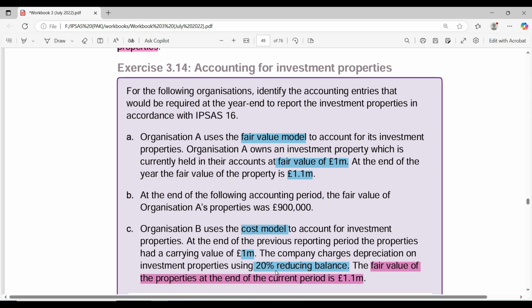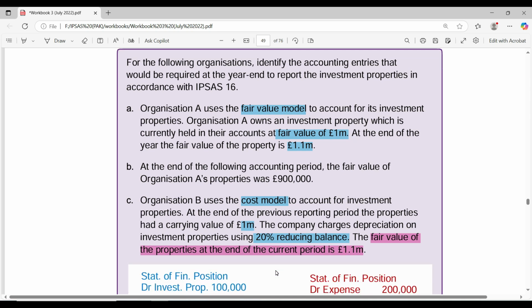Organization A owns an investment property which is currently held in its accounts at a fair value of 1 million. At the end of the year, the fair value of the property is 1.1 million. The question is how to measure the value of the investment property in the subsequent years, at the end of the year.